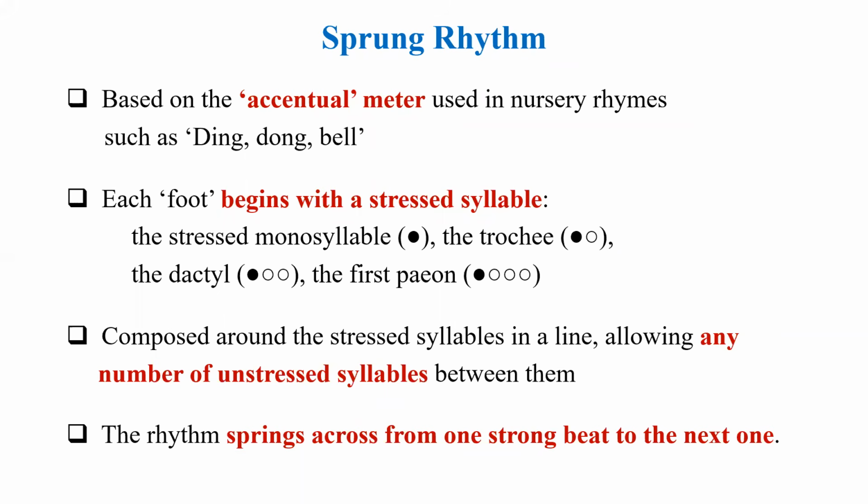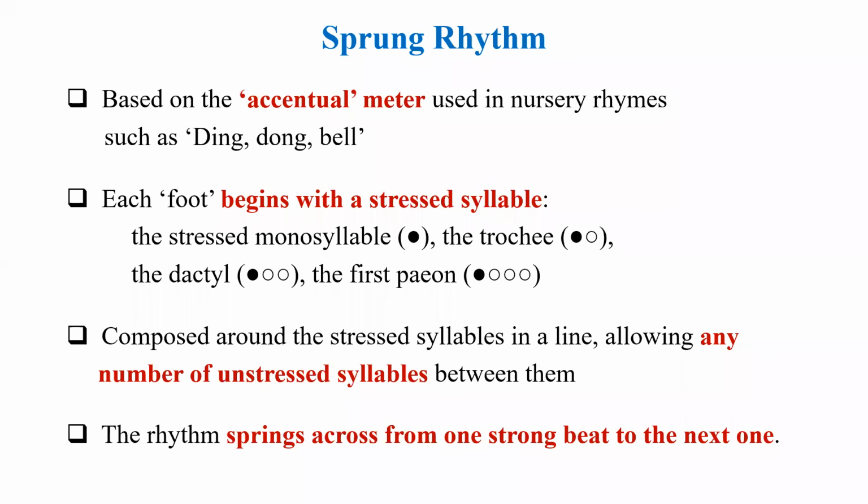Accentual means the stressed syllables. Accent, you stress accent. So like ding dong bell. Each and every syllable is stressed. Ding dong bell, right? Or twinkle twinkle little star. This is peculiar to nursery rhymes. So that's why this rhythm has something to do with memory.